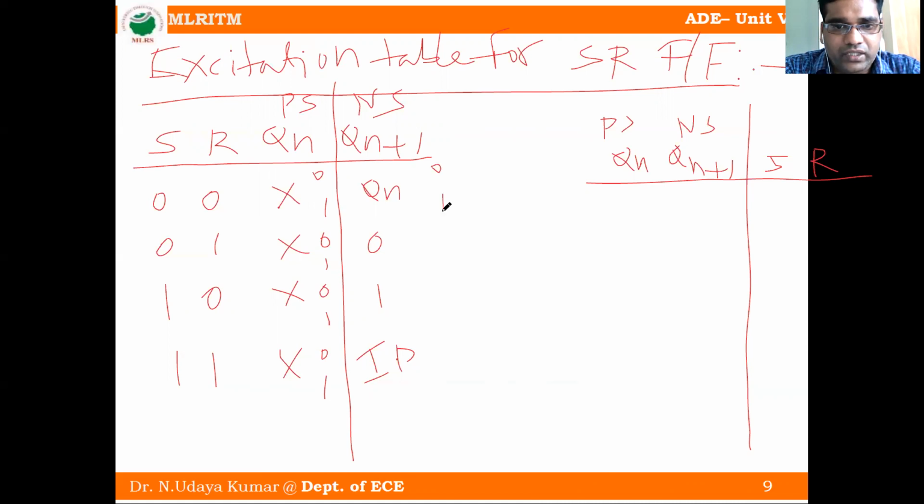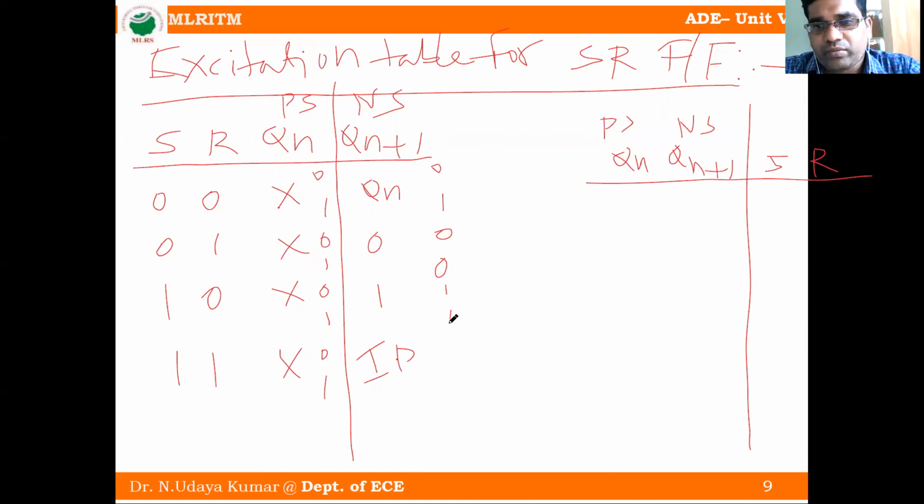Here 0 means 0, 1 is the input. We will get 0 and 0 irrespective of present state. Here 1 means 1 and 1. Here 1 0 means it is indeterminate state. We will leave it.